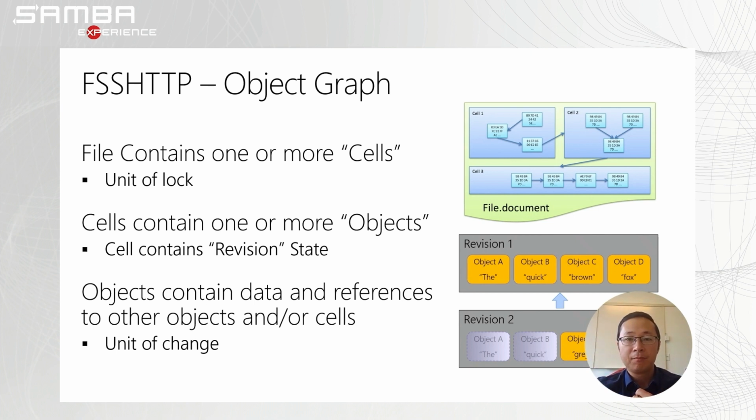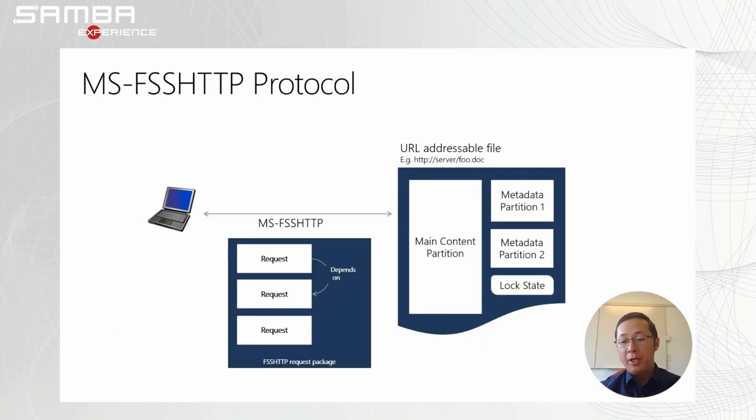So we just covered very briefly how co-authoring and incremental sync work through FSSHTTP, right? Now let's dive into the protocol. The FSSHTTP protocol family contains a few different protocols.